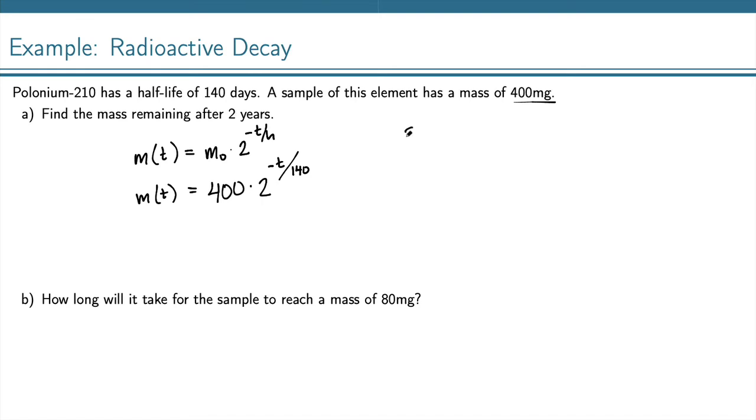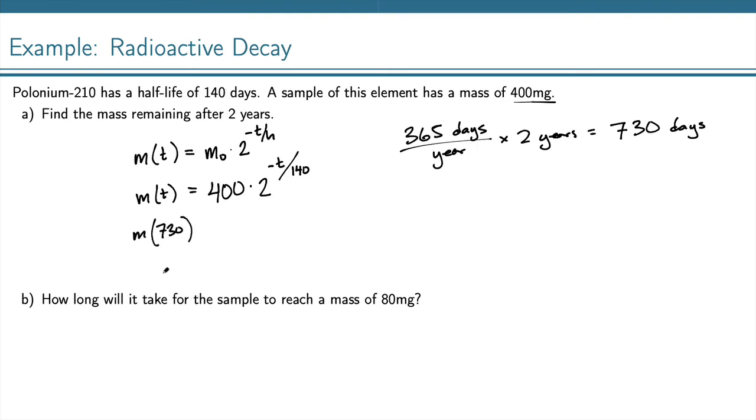There are 365 days per year, so we can multiply that by 2 years to get the total number of days, and that gives us 730 days in 2 years. So that's what we're looking for here, the mass after 730 days.